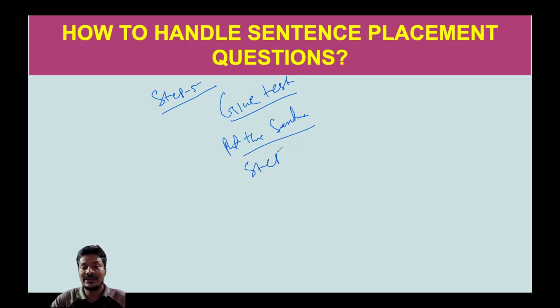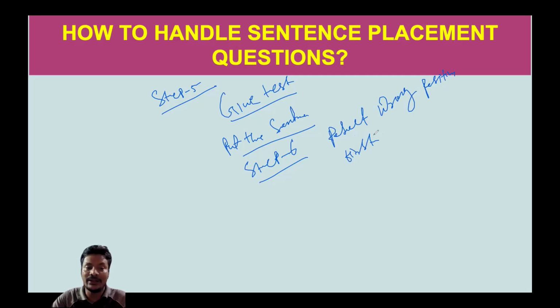And step six is reject wrong positions first. When we say reject wrong positions first, it means instead of finding where the sentence fits, we need to find where it cannot fit.